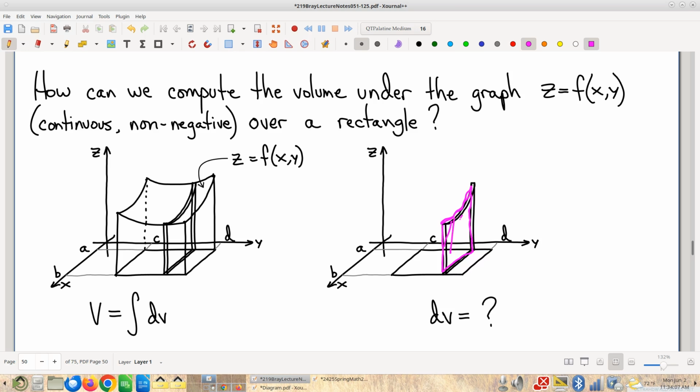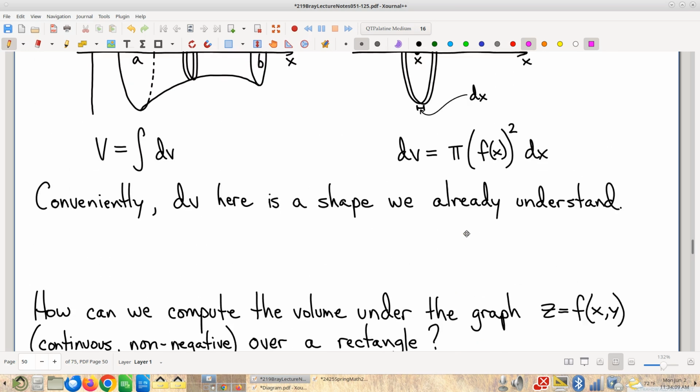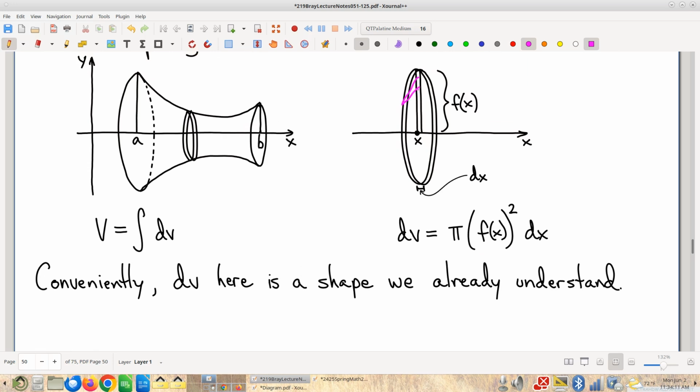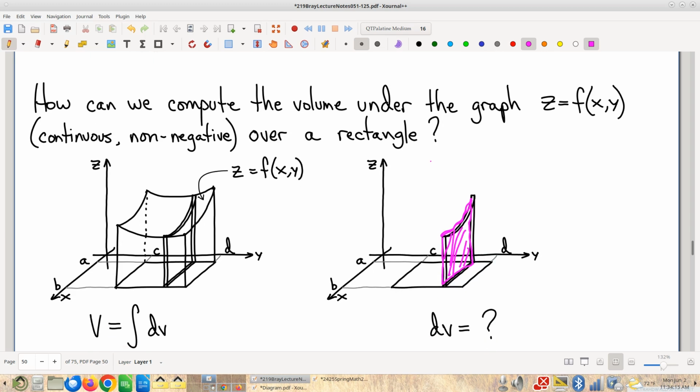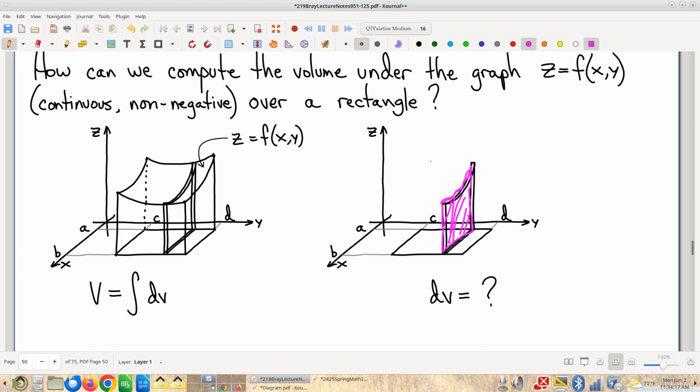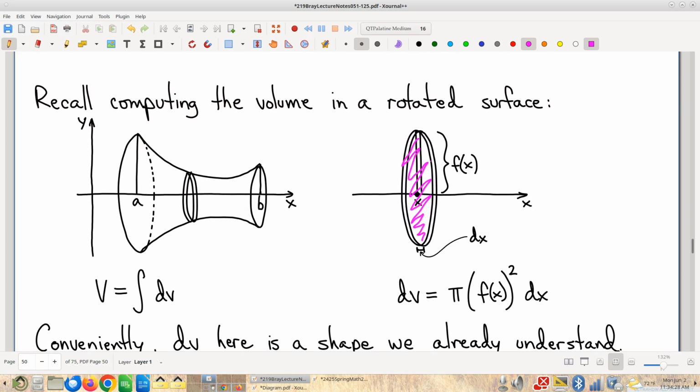And I would like to multiply that just like I did up here. I want to take my cross-sectional area and multiply by thickness. And my problem is that this cross-sectional area is not a garden variety high school geometry formula like this was. Right here, I can say, yeah, pi r squared, it's a circle or a disk.